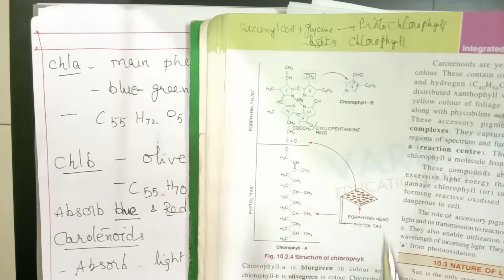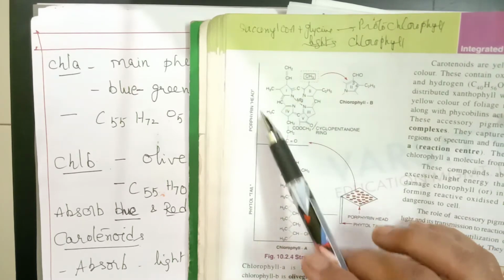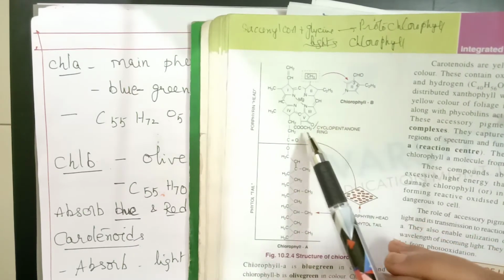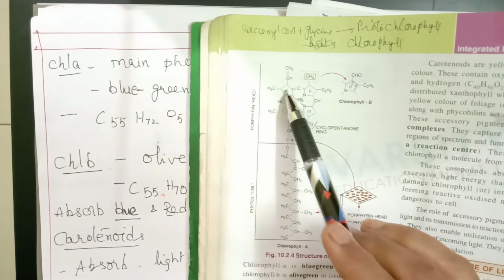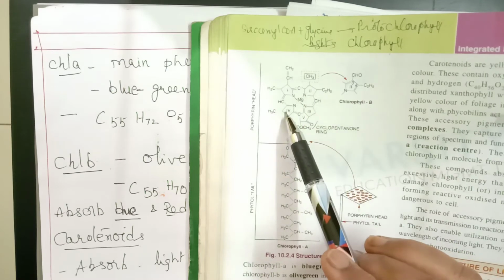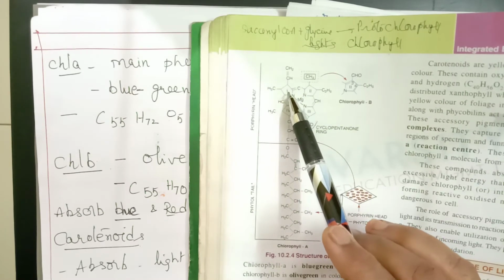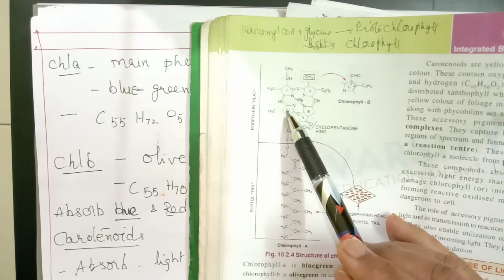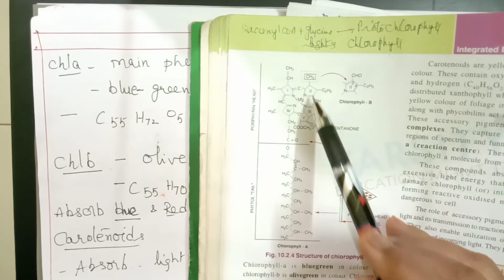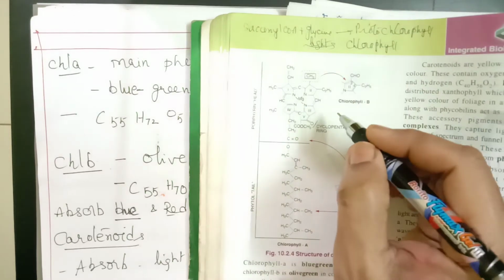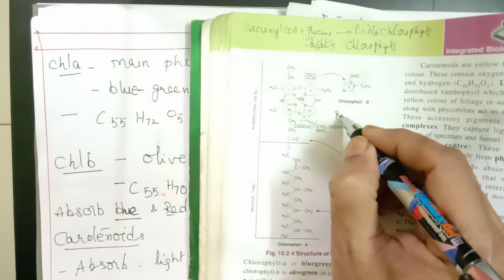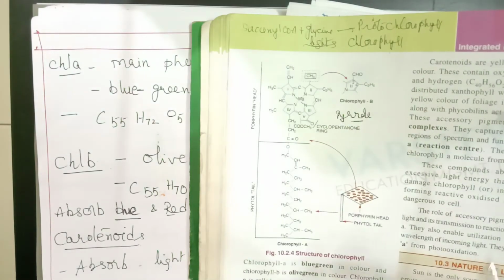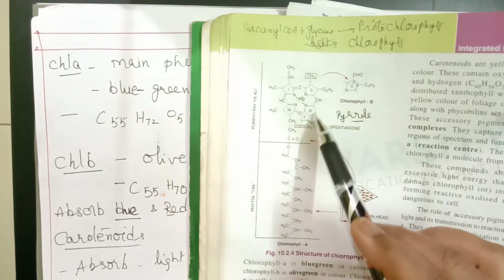You have to remember. Now this is called as a porphyrin head. Porphyrin head consists of tetrapyrrole structure. These are the four rings. Here we can find 1, 2, 3 and 4. These four are the pyrrole rings. Here we call it as a pyrrole rings, and 4 in number.